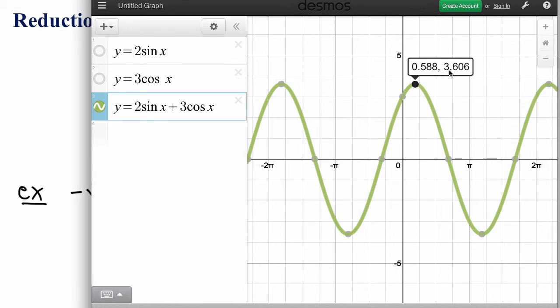It says the amplitude is 3.606, and the sine graph starts from the center at negative 0.983. This is the amount of phase shift. So by adding up two functions, sine x and cosine x, we get the third graph, but this is again a sine graph.